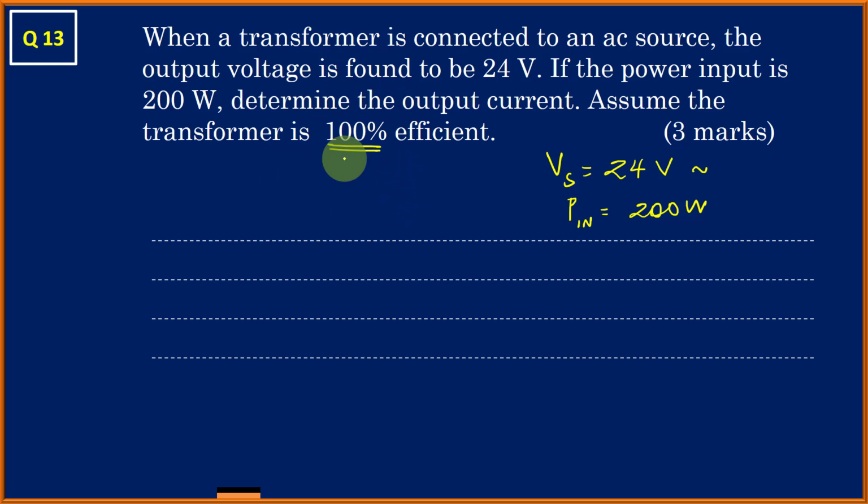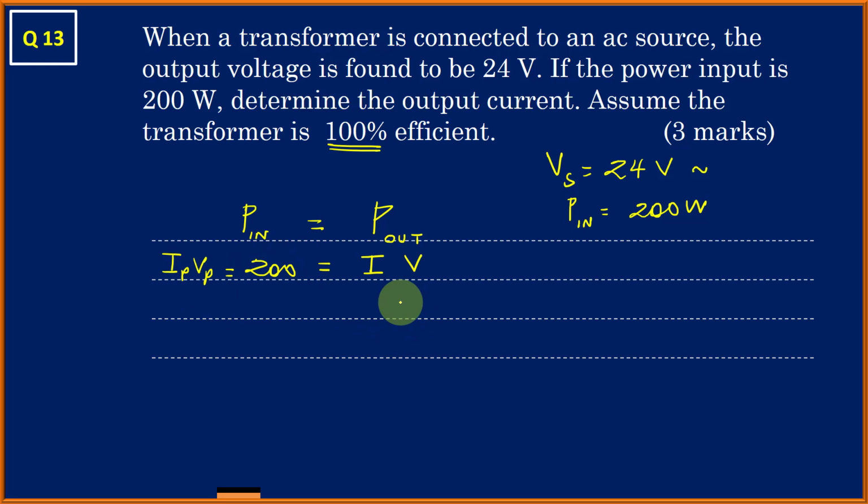A transformer which is 100% efficient means that the input power is always equal to output power. Input power is 200 watts. Output power will be the current times the voltage. Of course, the input is also the current times the voltage, but I do not want to bother myself with current in the primary times voltage in the primary, because I've already been given the product of these.